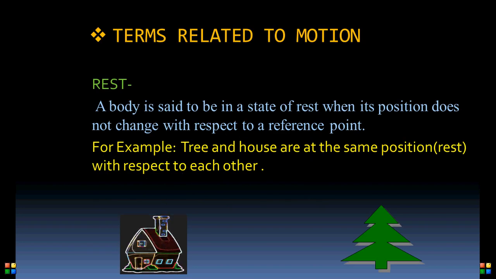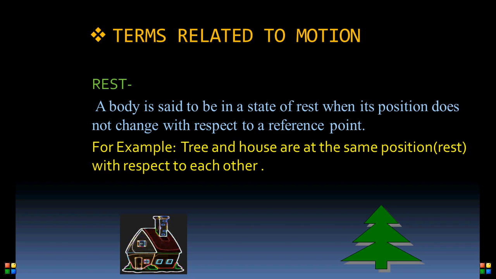As we know the definition of rest, a body is said to be in a state of rest when its position does not change with respect to a reference point. For example, as you can see here that the tree and the house are at the same position with respect to each other.